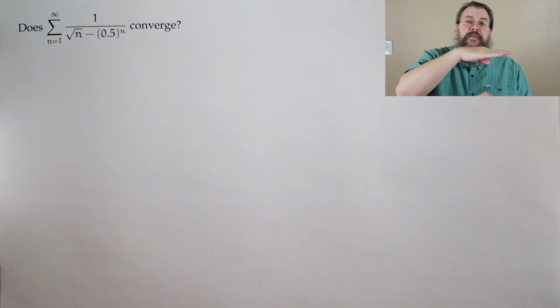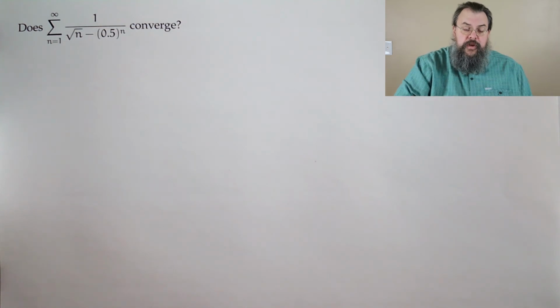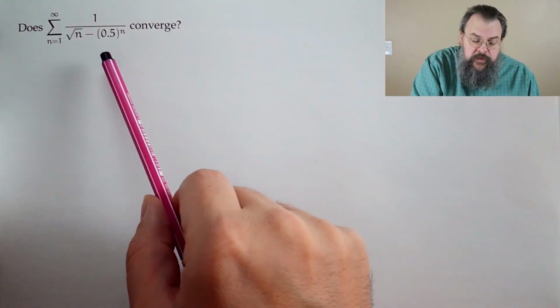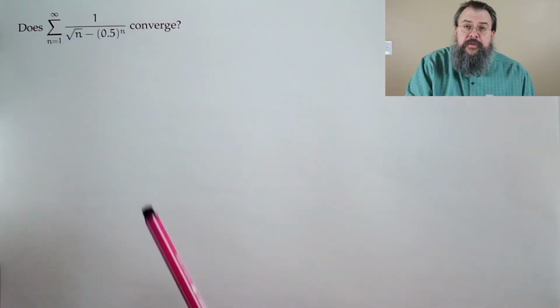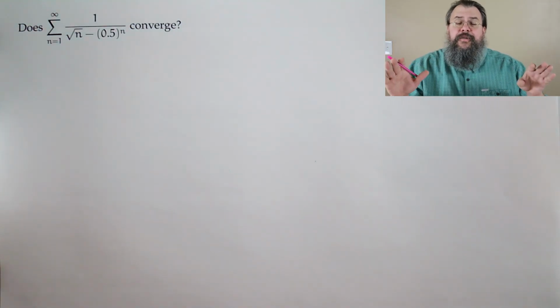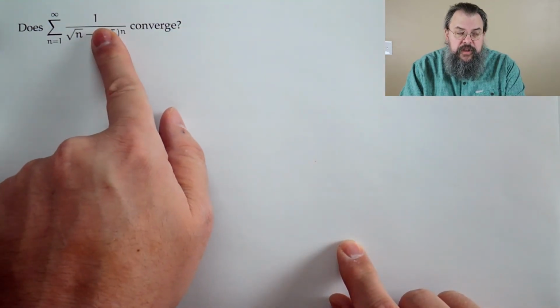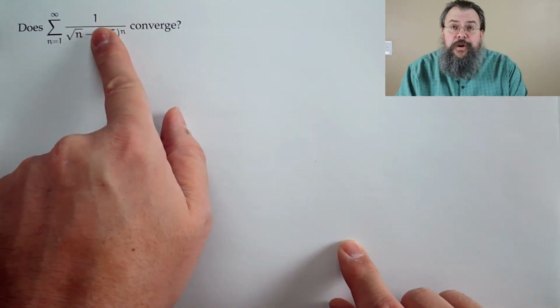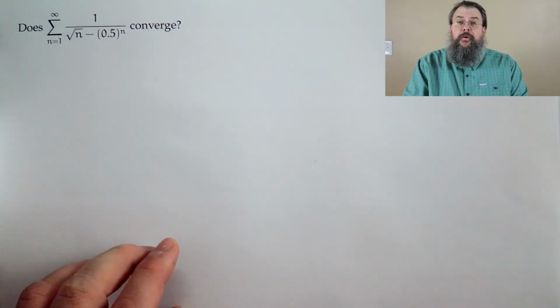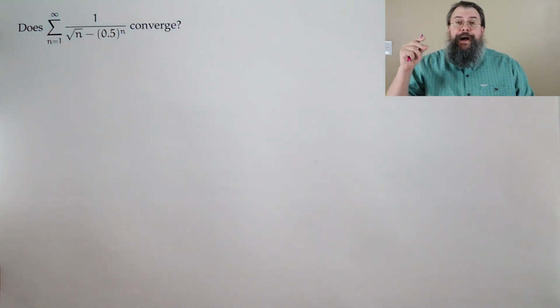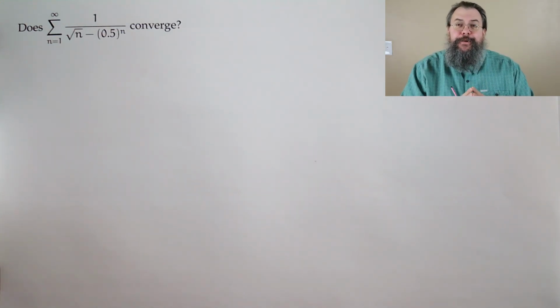It's actually decreasing, going to 0, which means, look, for large values of n, this 0.5 to the n is inconsequential. It's basically meaningless. So we can kind of cover that up, say, look, it's more or less behaving like 1 over root n. Or if you like 1 over n to the half, we're like, p series, got it, good. And so now away we go.